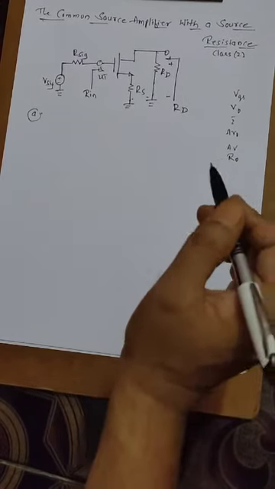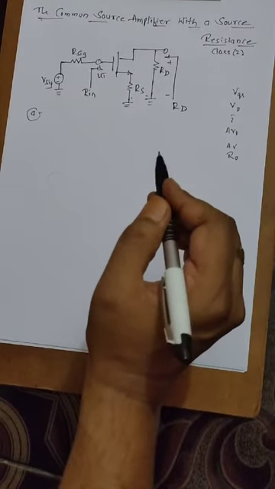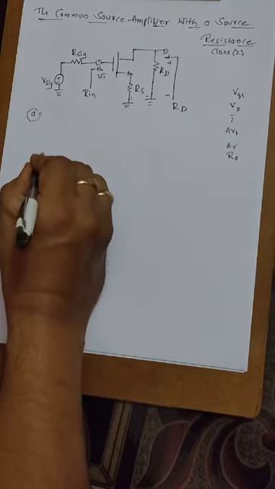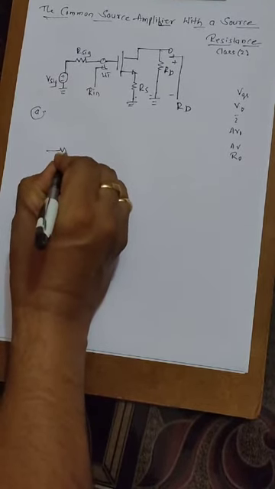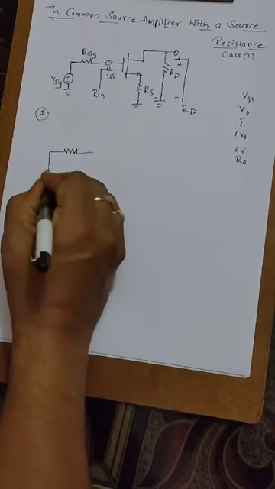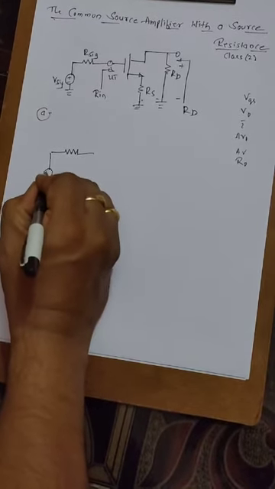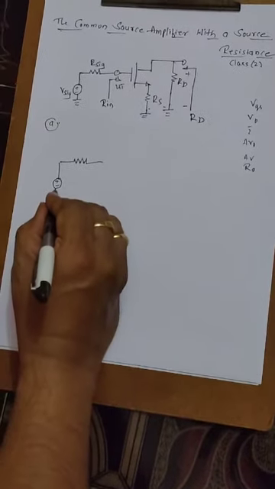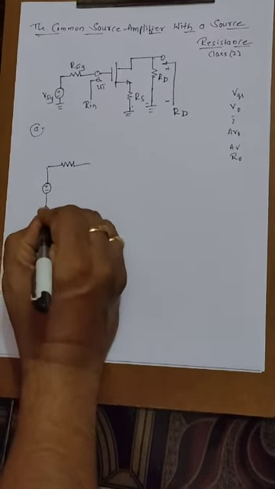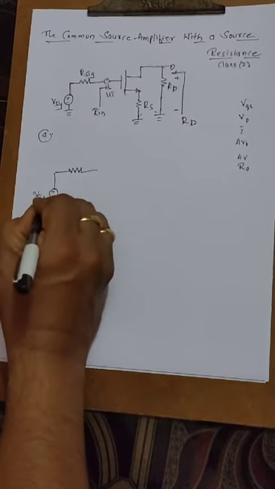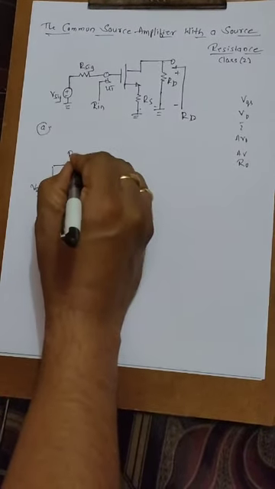Now I will draw the equivalent T model of this circuit with the help of the above figure, and the below figure represents the equivalent T model of the common source amplifier, with a transconductance resistance 1 by Gm and source resistance Rs, applying a signal voltage with R signal.